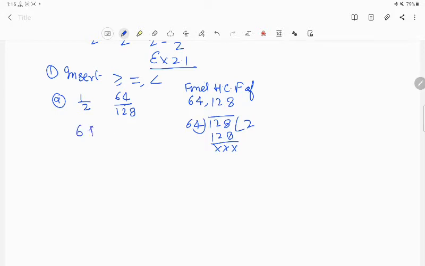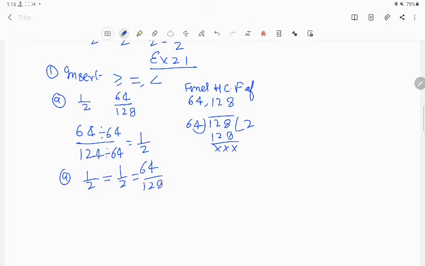So 64 divided by 64 and 128 divided by 64, you will get 1 by 2. So 1 by 2 is equal to 64 by 128. So both are equal.